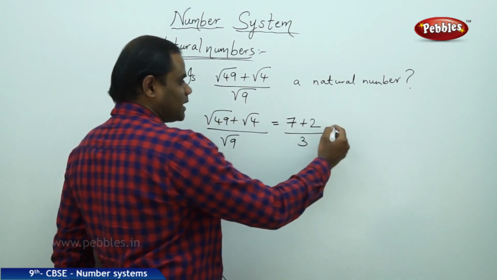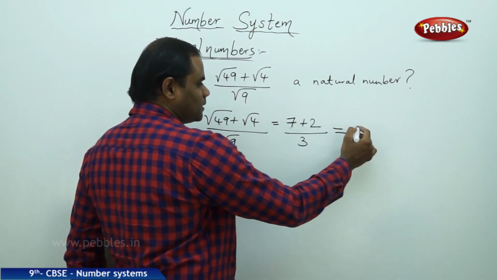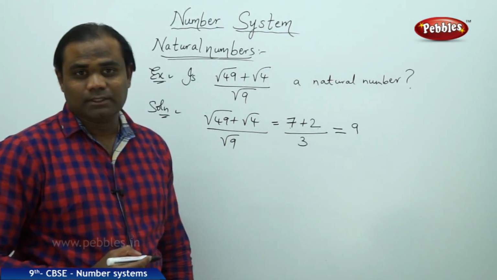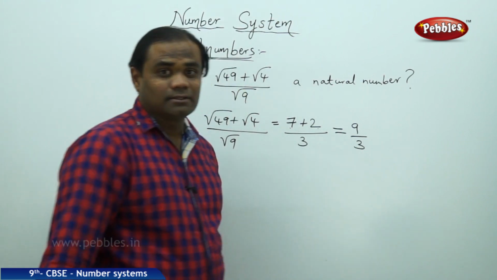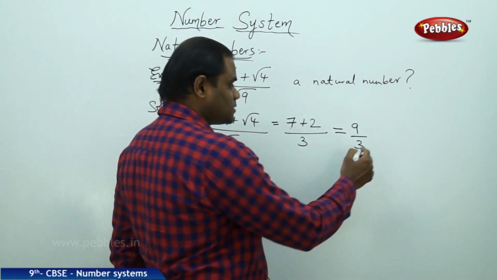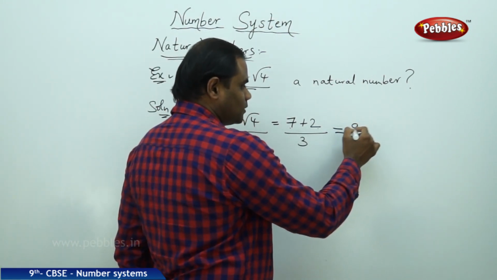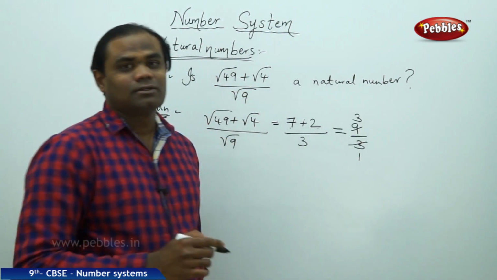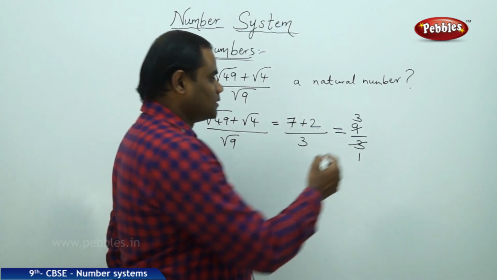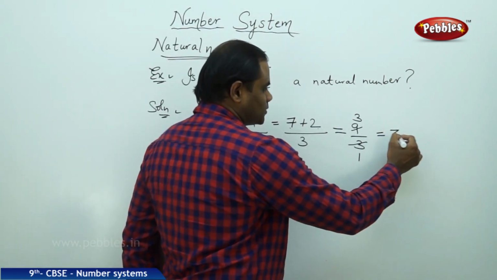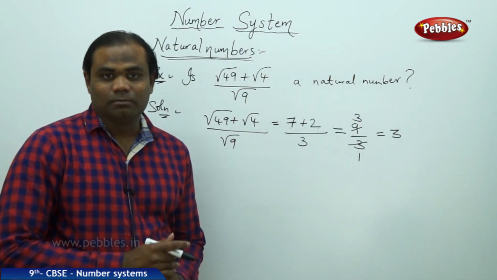Using this, I understand that 7 plus 2 can be added to get 9, and the denominator is 3. This can be further simplified, as the denominator and the numerator get cancelled, 3 times in the numerator. So 3 ones, 3 threes. My final answer is 3 for the given problem.